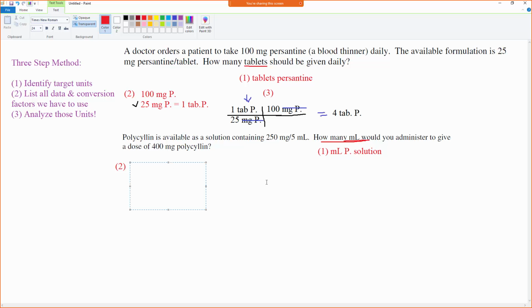Yeah, our dose is 400 milligrams. You could say that equals 1 dose. We could just say that's the thing that they gave you. That's totally fine too. And they also gave you that you've got 250 milligrams per 5 milliliters. I'm always just going to convert that to an equivalency. 250 milligrams of polysilane equals 5 milliliters of the polysilane solution. Because I never know if I want to use that right side up or upside down. Sometimes if I leave it in this direction, it messes with my brain to turn it upside down.